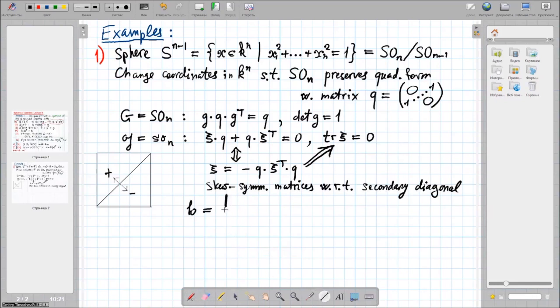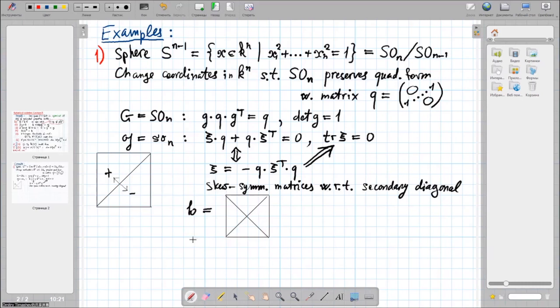So matrices which are both triangular and skew-symmetric.